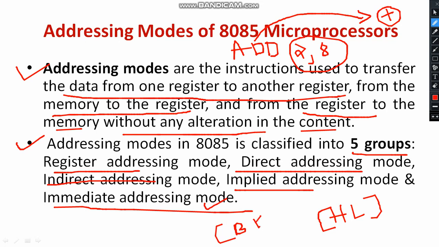It is 16-bit data, register pair BC. And also in the address there will be one symbol called X, that I will let you know. Next is implied addressing mode. There are certain instructions which operate on the content of the accumulator. That is called implicit addressing mode, or we can call it implied addressing mode.